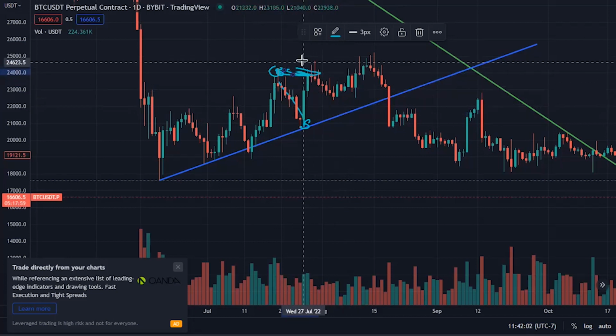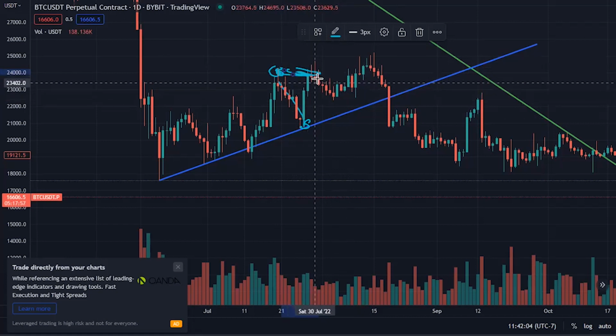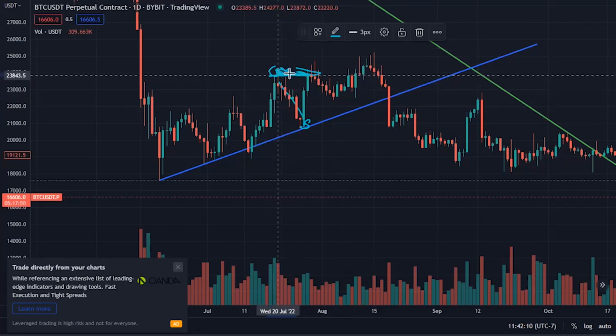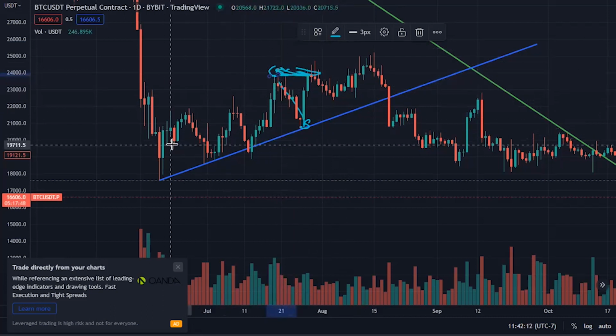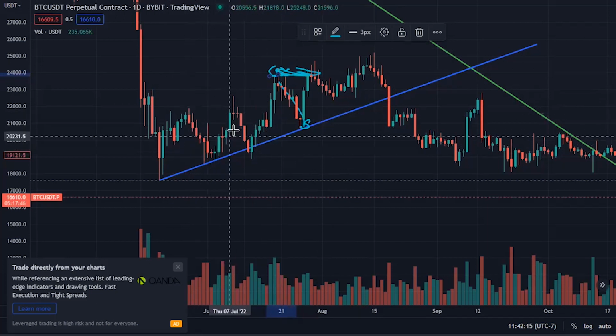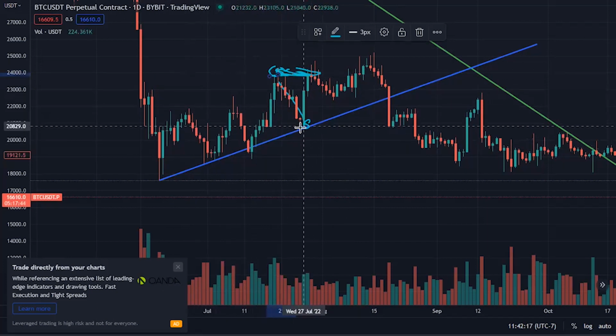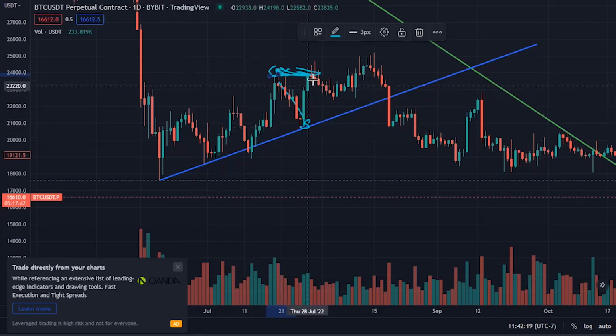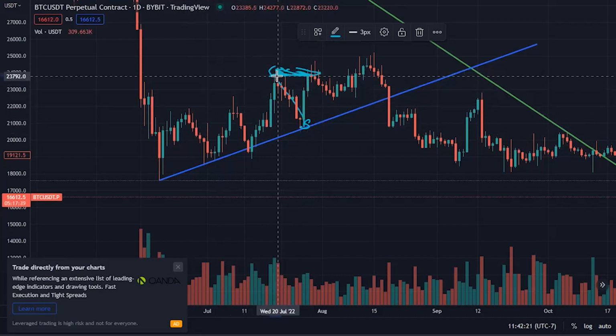You can also put a second take profit area above this previous high, because since the price is in an uptrend, it's forming higher highs and higher lows. This means that this next high should be higher than this previous high.